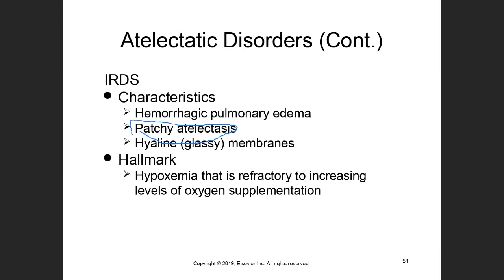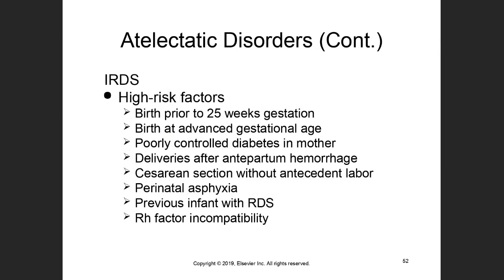And sometimes that disease is called hyaline membrane disease, okay. Hallmark is hypoxemia that is refractory to increased level of oxygen supplementation. And right here we have a problem, okay, because oxygen in newborn baby produces eye problems, okay. If you have to give oxygen, you give oxygen to the newborn baby, okay.